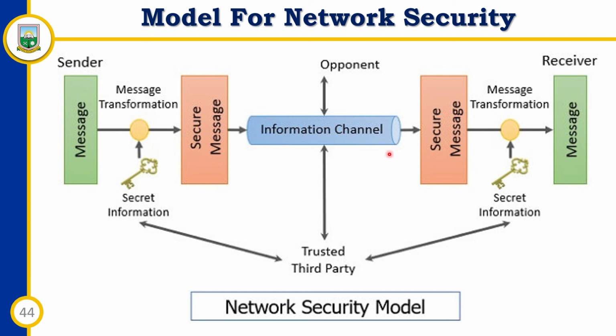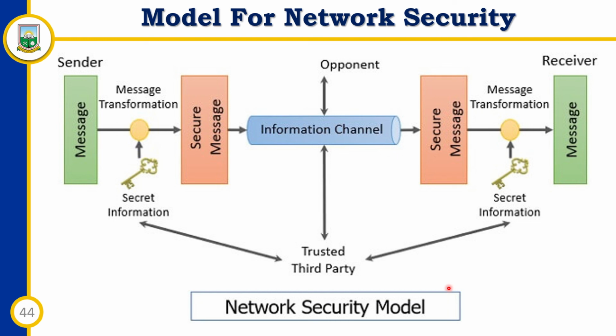You can see that the general model shows that there are four basic tasks in designing a particular security service. The first one is designing an algorithm to perform the security-related transformation.